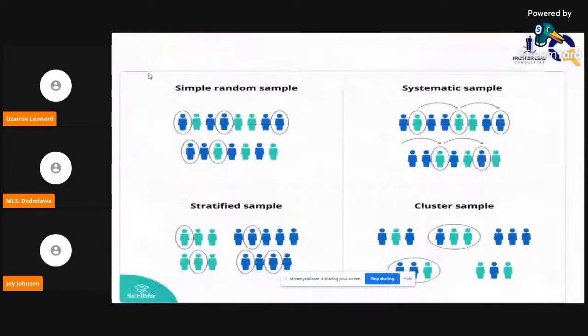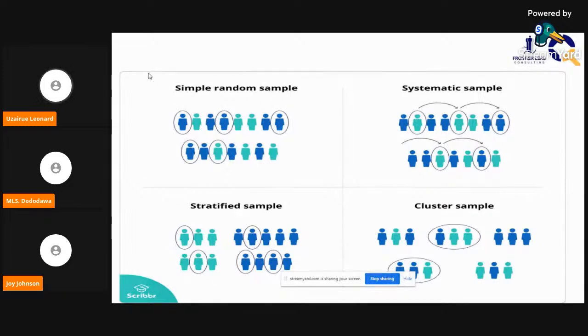I'm listening. So I was saying that for simple random sampling, I was using a school, for example, a school of 1,000 students. Then you want to collect a sample size of 100. What you do is that you assign a number to each of those students.